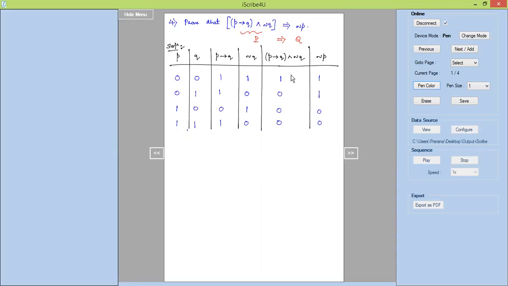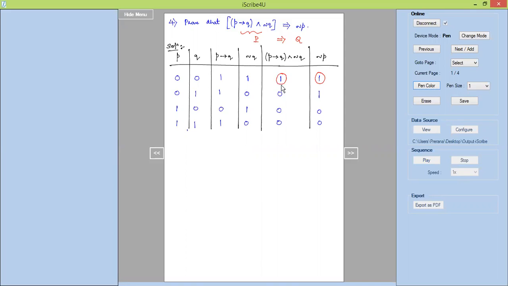Whenever the left hand part is true, we observe that negation P is true. So these help me to show that the expression in the left hand part implies the right hand part.